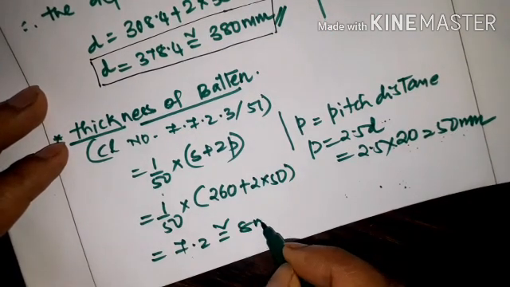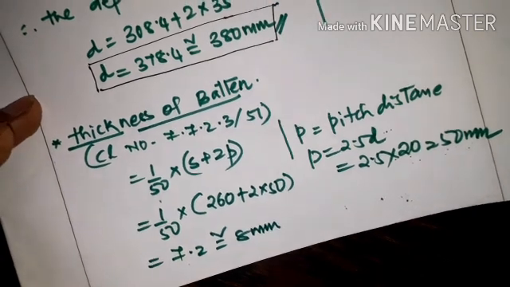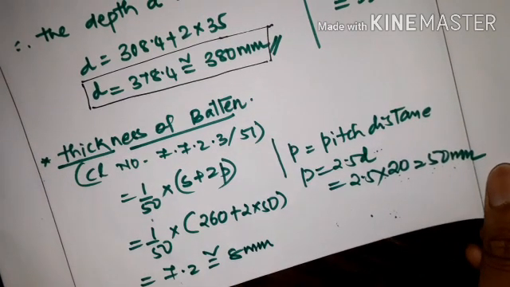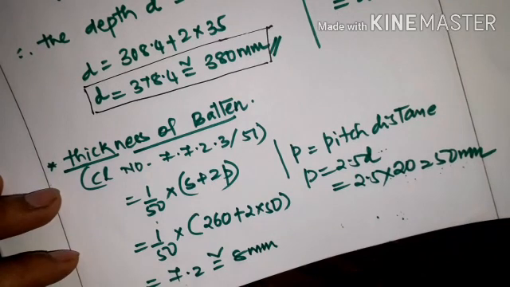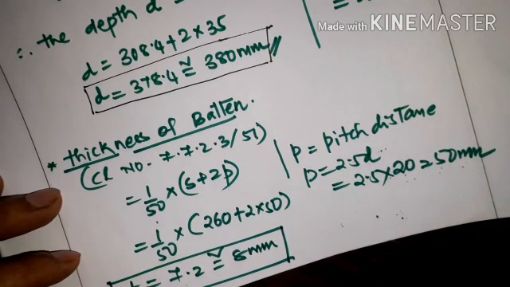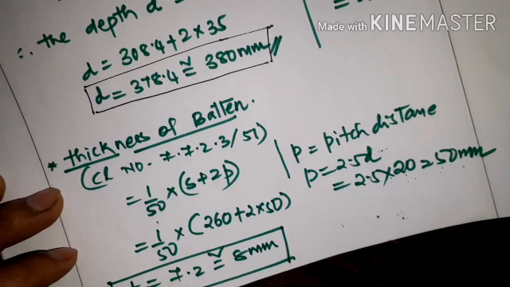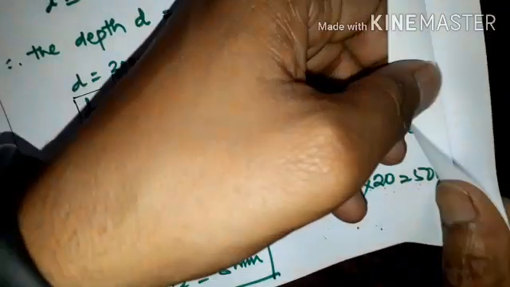So we will take it as 8 mm. So we got the thickness of batten plate, T is equal to 8 mm.